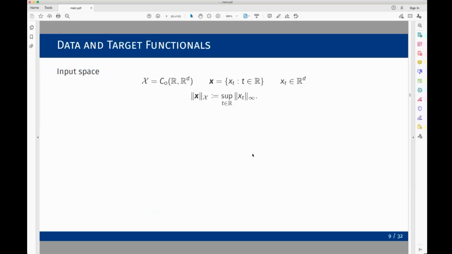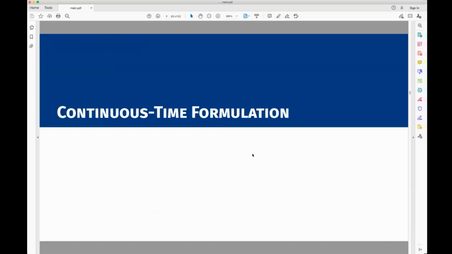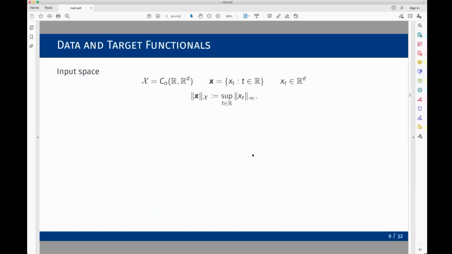Okay, so when we talk about the continuous time formulation, let's again specify the input space and output space. Here, the input space is a space of compact functions mapping from the time variable into d-dimensional variables. So each element in this input space is actually a path in the d-dimensional space.